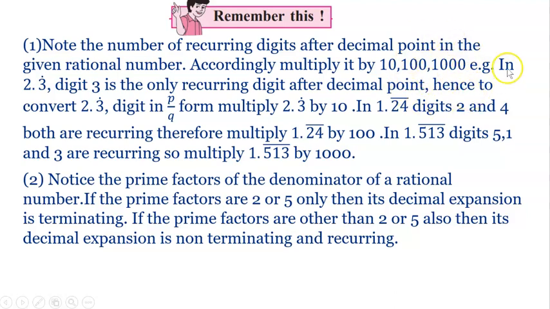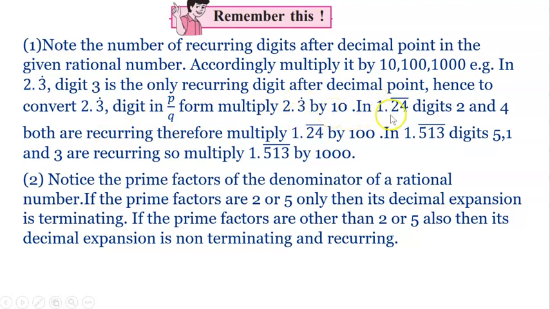For example, take 2.3 with a dot over the 3. Here the digit 3 is the only recurring digit after the decimal point, and hence to convert 2.3 recurring into p upon q form, multiply it by 10.